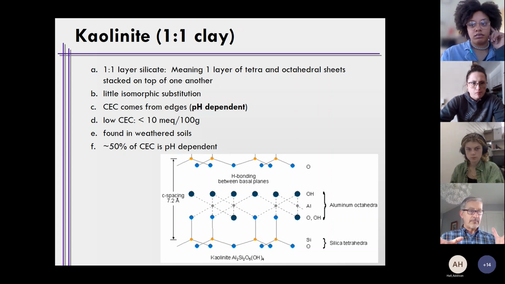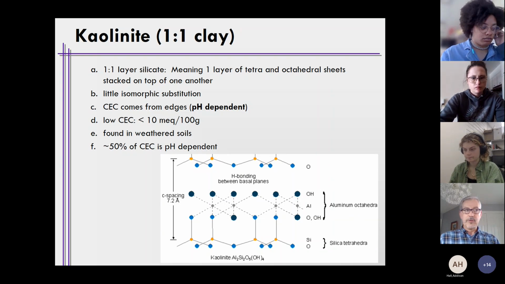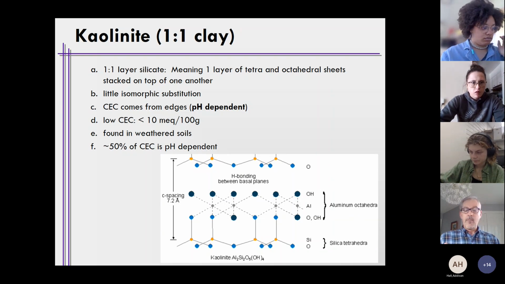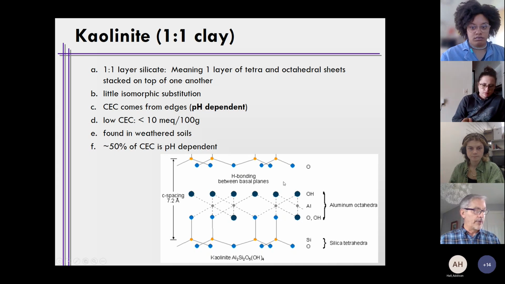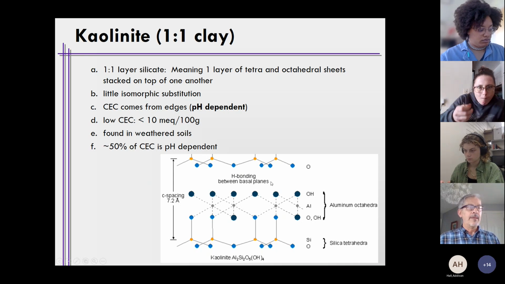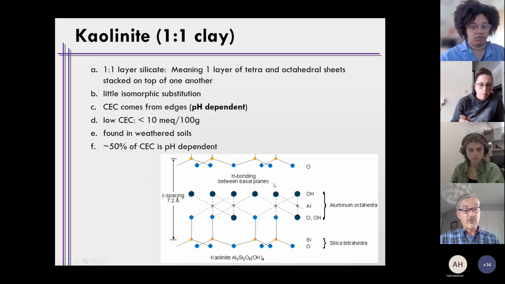In these clays, there's very little isomorphic substitution. And there's a reason for that, because the layer in between, like in this diagram that's in front of you or in your notes, it says hydrogen bonding between basal planes. The bonds that hold these sheets together in this interlayer, they're strong bonds, and they're hard, if not impossible, to break.